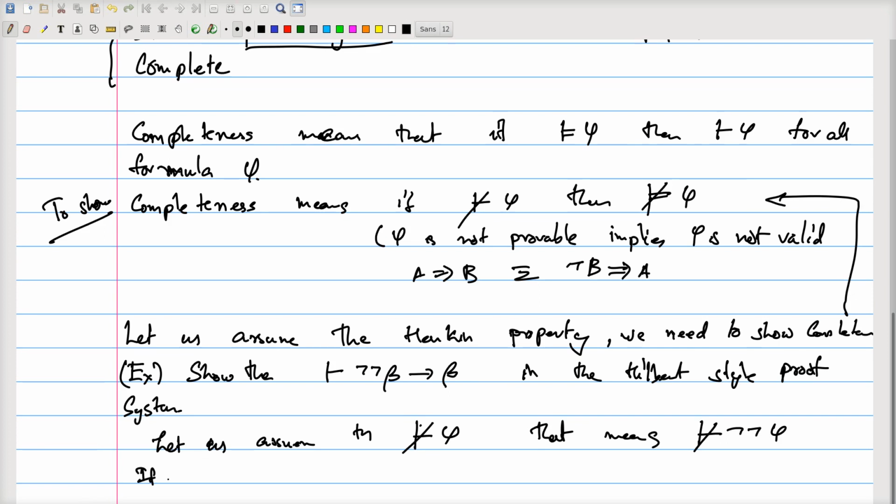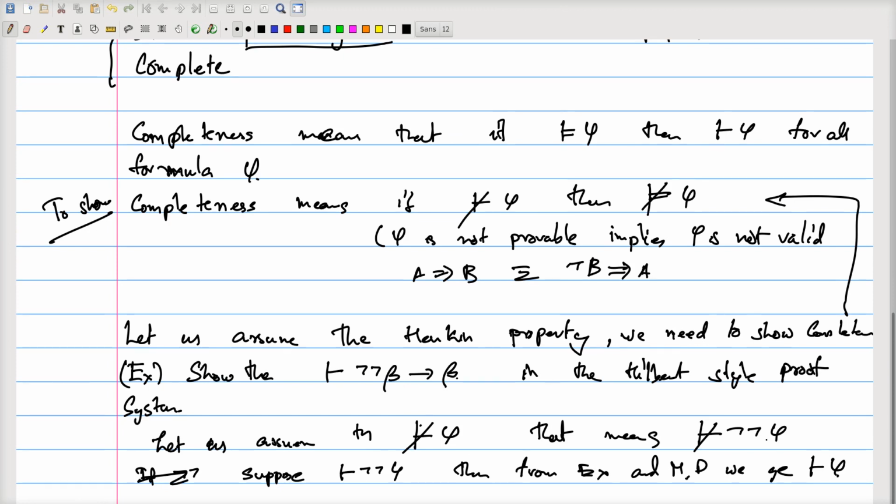Suppose not phi is provable, then from the exercise and modus ponens we get phi is provable. The exercise tells us that not beta implies beta is a claim. Since we have not phi, then we can conclude phi. So clearly, not phi is not provable.